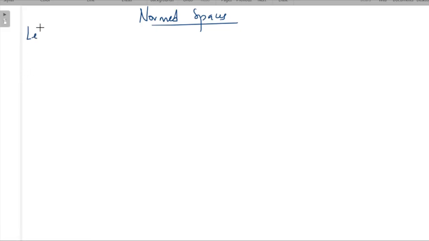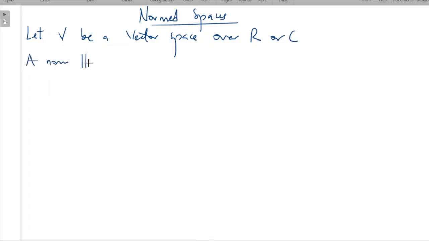So let V be a vector space over R or C. A norm is a function, and that function takes V to R or C. That is it.